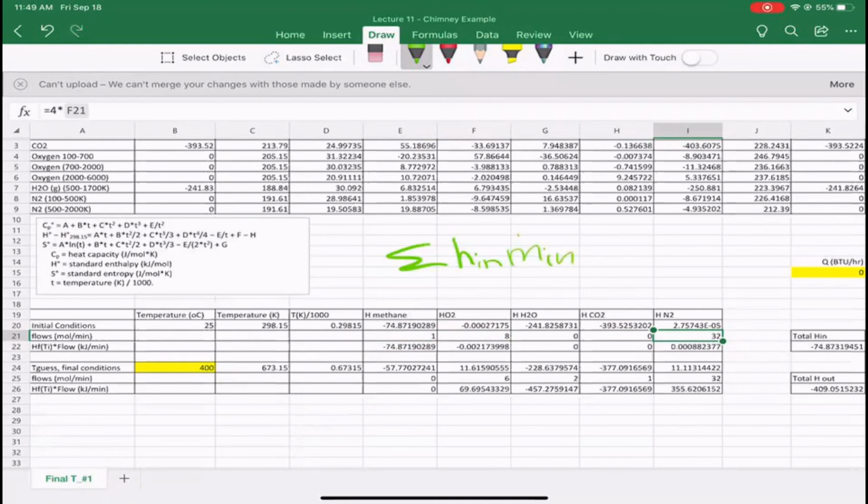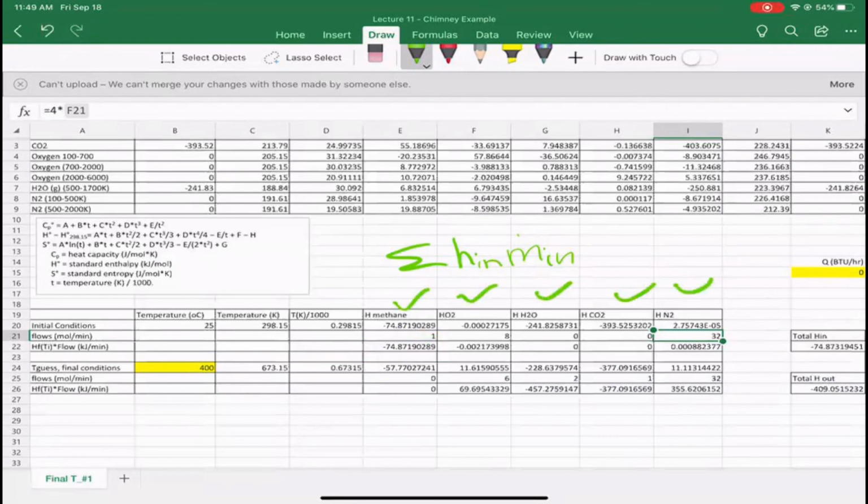What I've done in Excel is, for every pair, I've found this value. You don't have to do it this way, but this is the way I chose. So for me, you'll see there's just 74 times 1, which is just H in m dot in for one term, for methane. And I do the same thing for all of these.